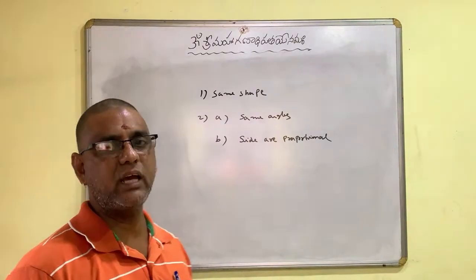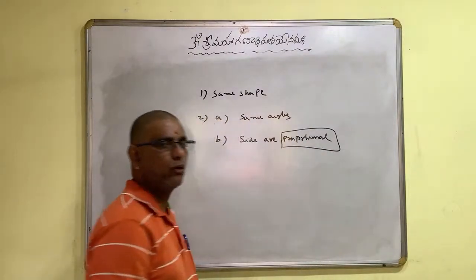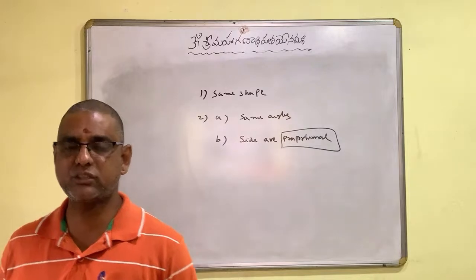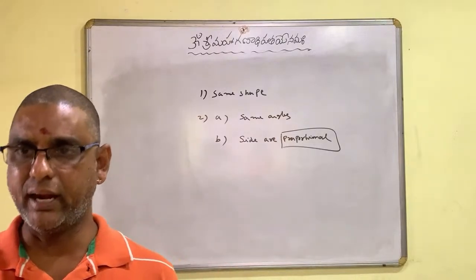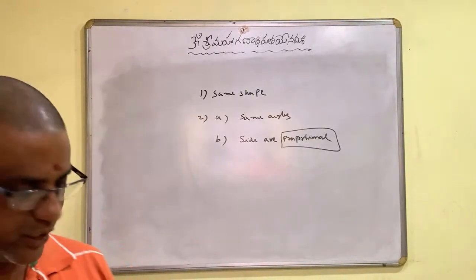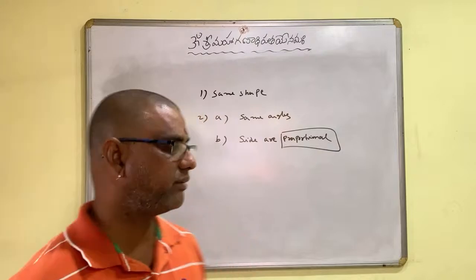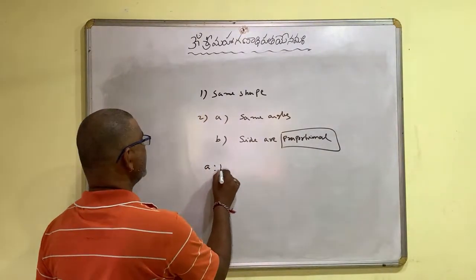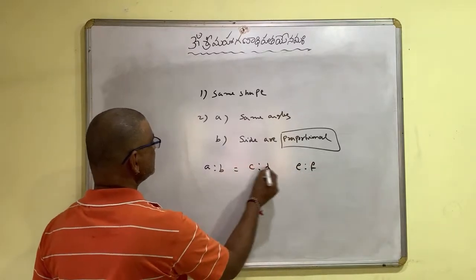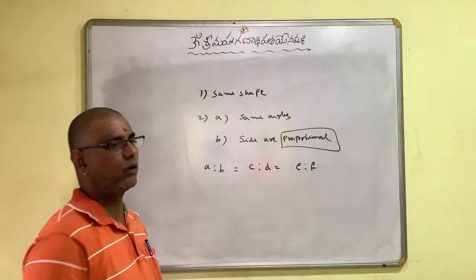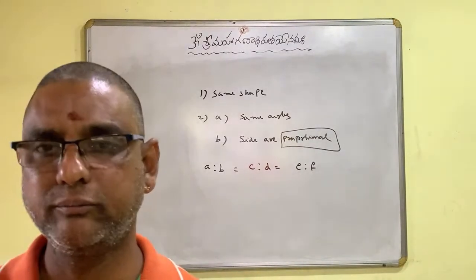Next, sides are proportional. First you should know about this word, proportional. Proportion means two or more ratios. If they are equal, then we can say that they are in proportion. For example, A is to B, C is to D, E is to F. If these three ratios are equal, then we can say that they are in proportion.